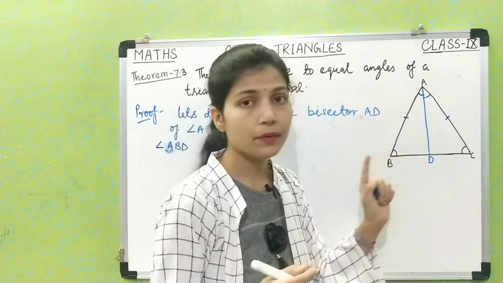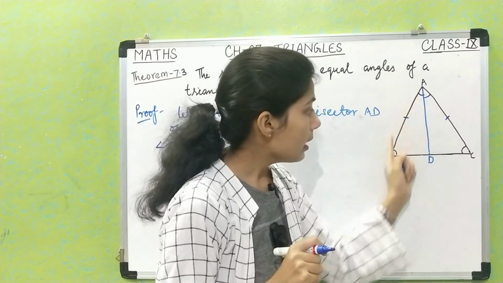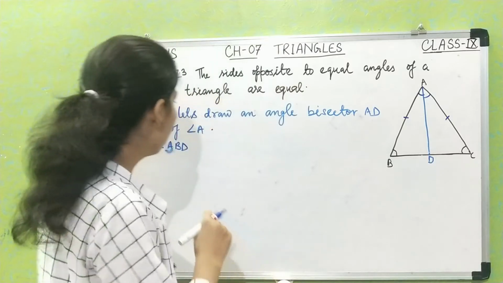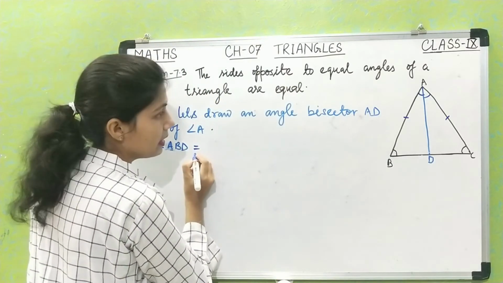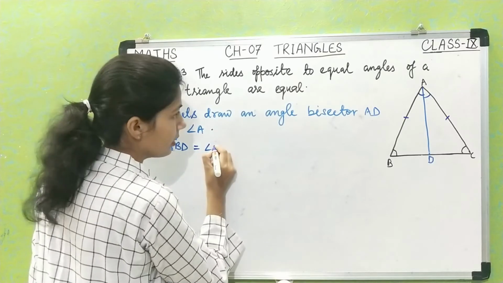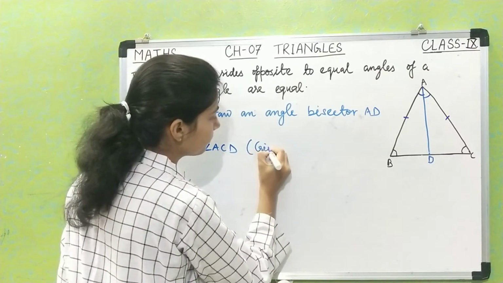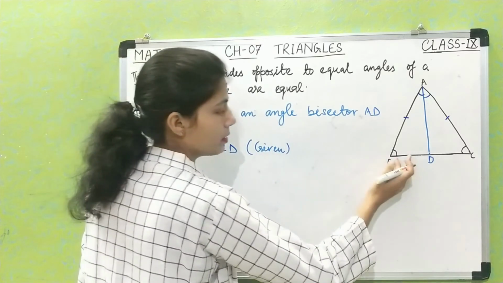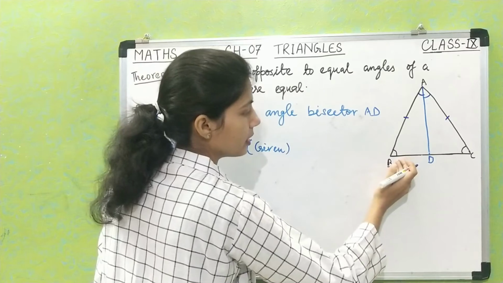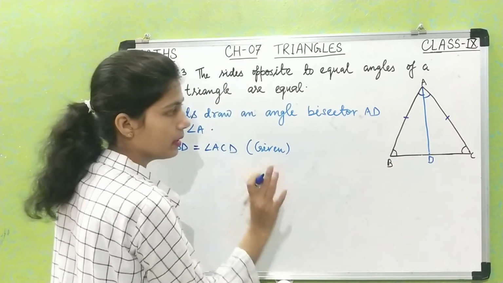So here we have to particularize the angle name ABD. Since angle ABD is equal to angle ACD, this is given. Two angles of a triangle are equal, so here we take angle B and C as equal angles. This part is given.